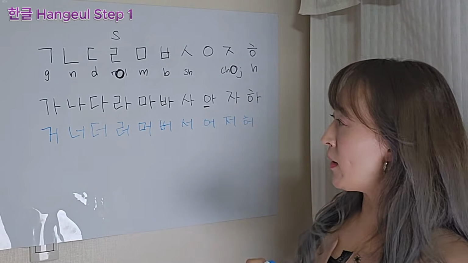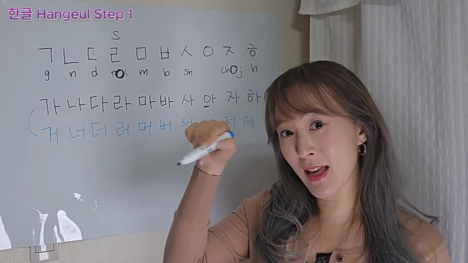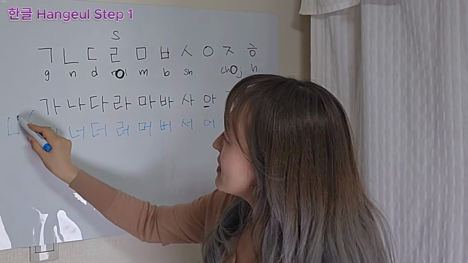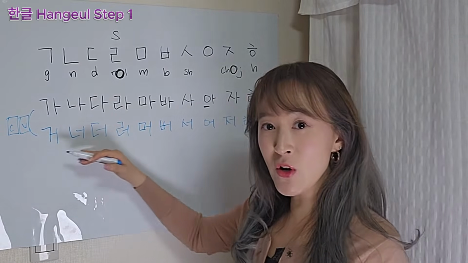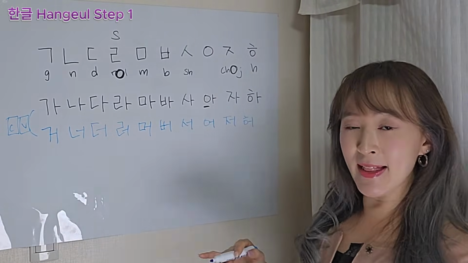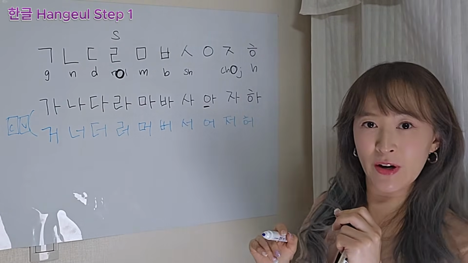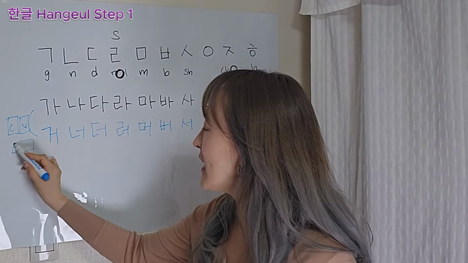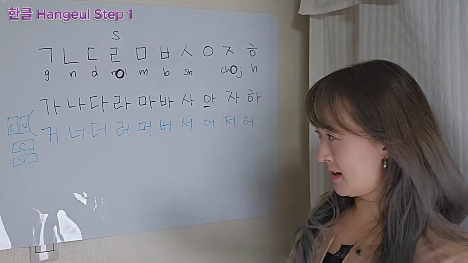We will put O. Remember when I said the box, the consonant is here and the vowel is here. This is the first box form, and this O will actually go to the bottom of the consonant. So it'll be the second format of the box.